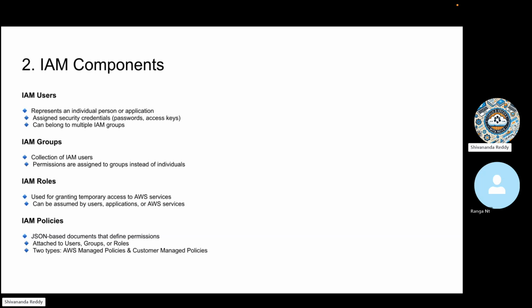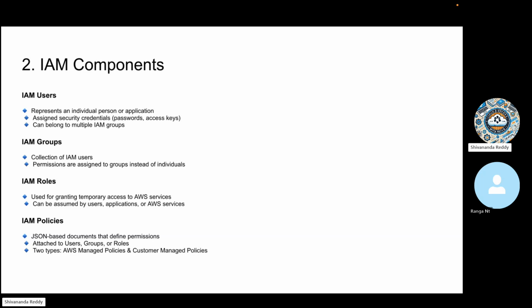Then what are inline policies? Inline policies are defined for a particular user, particular group, or particular role. Remember, I'm always using the word particular here. Assume that the username is Suresh. Only Suresh wants to access something, not everybody.